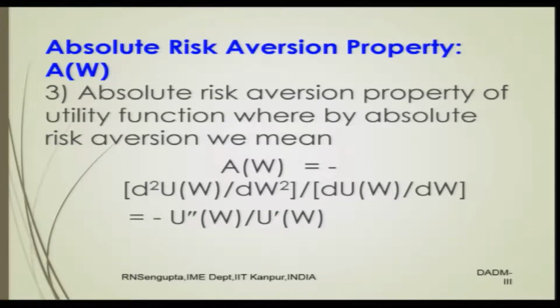Now consider u prime is always positive, which is the denominator. In the numerator you have u double prime. So, u double prime will be positive, negative or equal to 0 depending on whether you are a risk seeking person, risk indifferent person, or risk avoiding person.